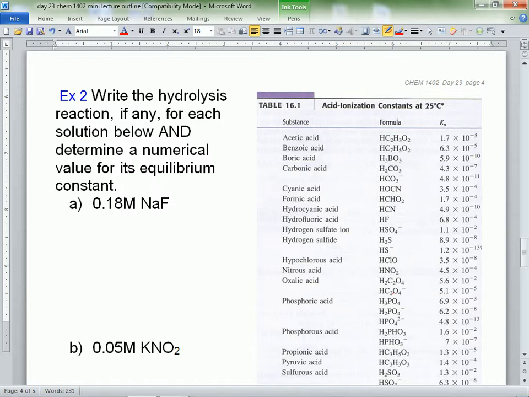That means find out a number for Ka or Kb. It's the same process. Look at it and see whether it's acidic, basic, or neutral, and that tells you what type of reaction to write. If you say acidic, you have to write a Ka reaction. If you say basic, you have to write a Kb reaction.